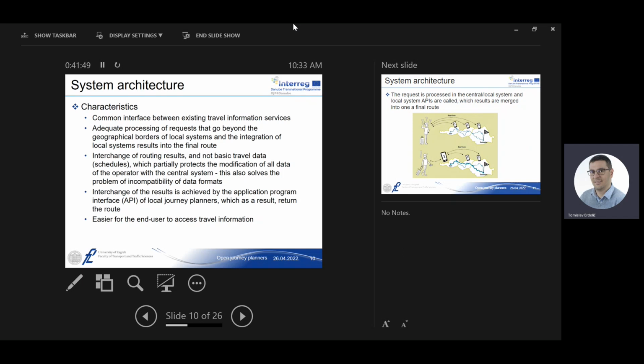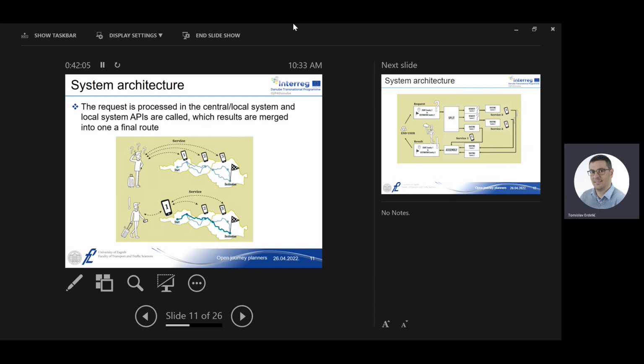So somebody wants to go from, I don't know, someplace in Austria to someplace in Romania. You probably know what place this is. I'm not sure. And they enter the local journey planner in Austria. Each of these local journey planners has its own architecture that's aimed at that country, and does the routing in that country.